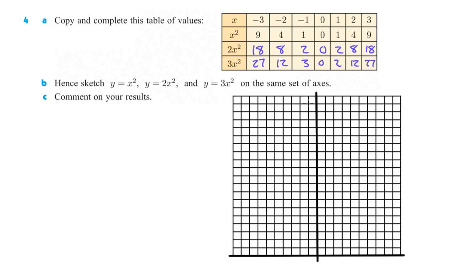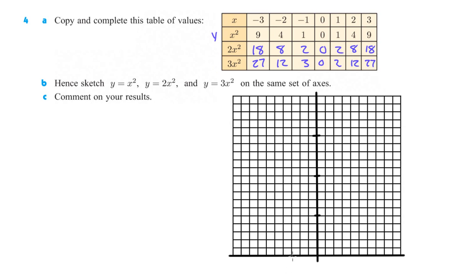So sketch on the same set of axes. Let's make this here at 0, 0, because we don't have any negative y values here. This is our x, and these are all of our y values. Let's do these in different colors. This first one, we'll graph negative 3 and then positive 9.